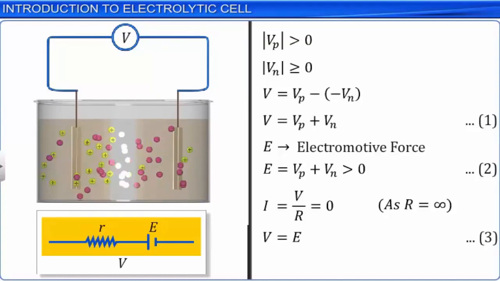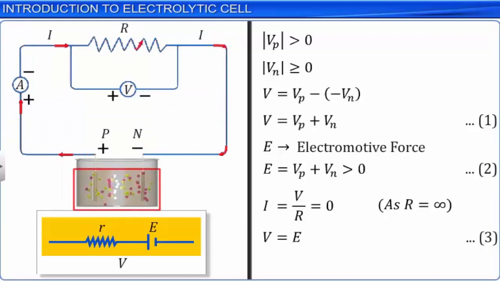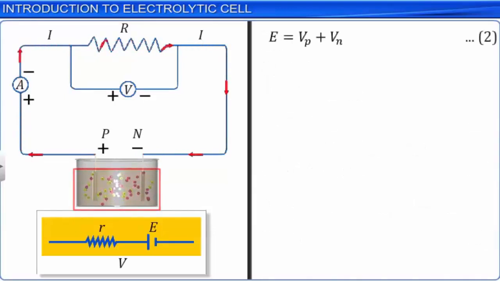Let us now return to the original circuit consisting of a resistor with a finite resistance. Now, as the resistance is finite, I is not equal to 0. As I is not equal to 0, I also has to pass through the electrolyte to maintain a continuous flow of charge.